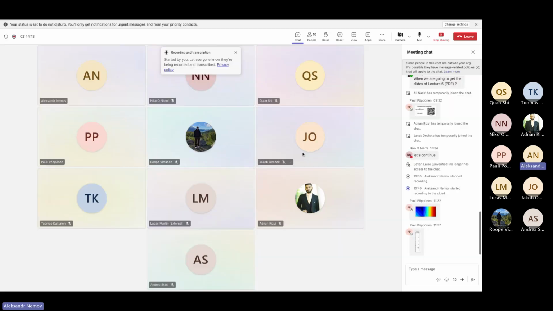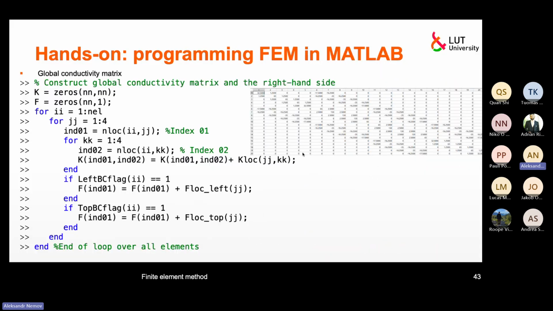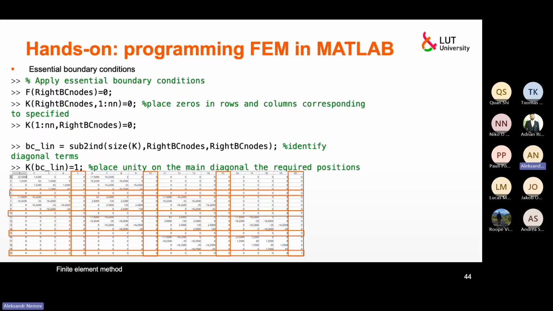Yeah, 5 should be 0 because of this. Something is wrong in F. I think for the second one, we should look into the for loop, because it means the 5 is applied at around 10, and the other one has a wrong value. So it looks like you have some wrong values, at least in this right-hand side F.